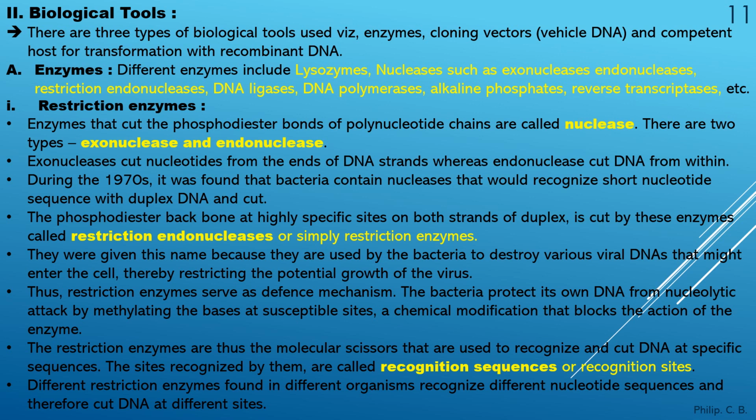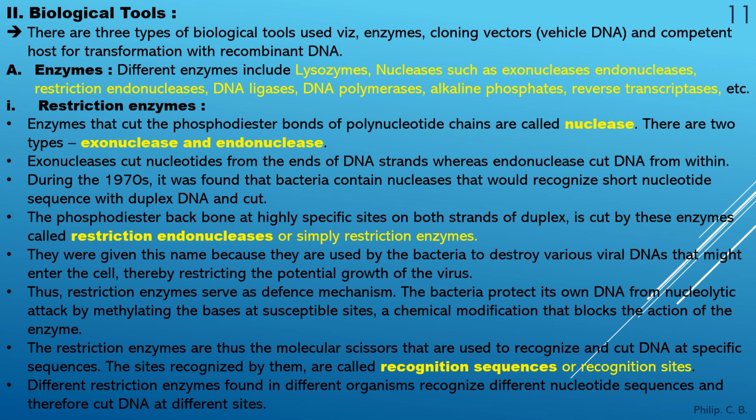First one, enzymes. Different enzymes include lysozymes, nucleases such as exonuclease, endonuclease, restriction endonuclease, DNA ligase, DNA polymerase, alkaline phosphatase, and reverse transcriptase. Now, first one, restriction enzymes. Enzymes that cut the phosphodiester bonds of polynucleotide chains are called nucleases.